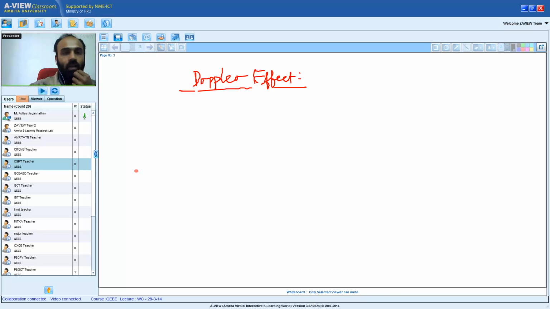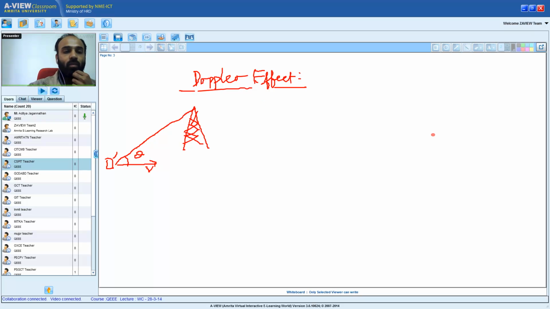Can someone tell me a little bit about the Doppler effect? What is the Doppler effect? How does it affect communication? What is the definition of the Doppler effect? Yes, correct, because the user is mobile.